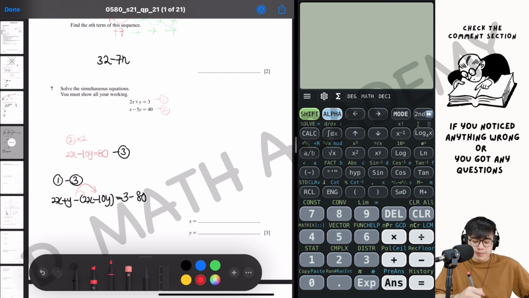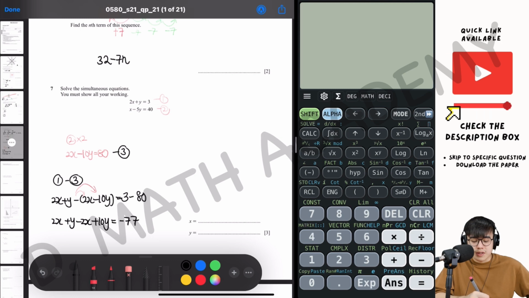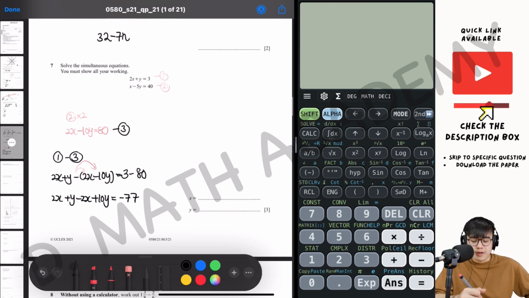So when I run this multiplication in, you will get 2x plus y minus 2x plus 10y equals negative 77. From this calculation, you will get 11y equals negative 77. y would actually be negative 7 at the end.